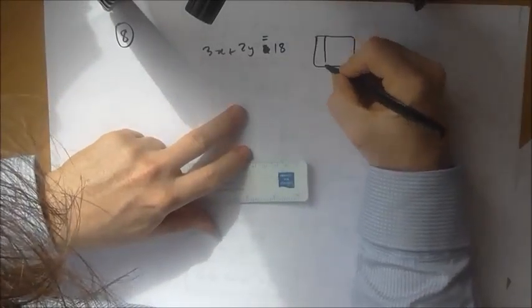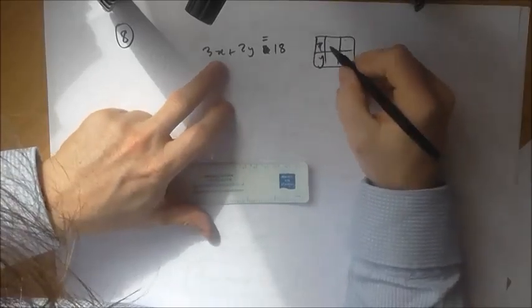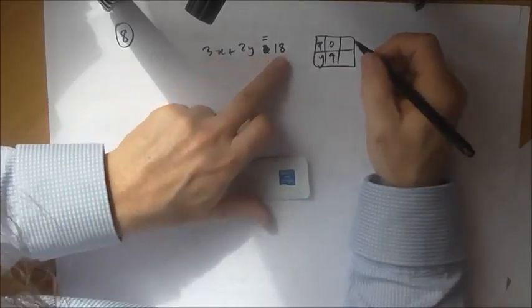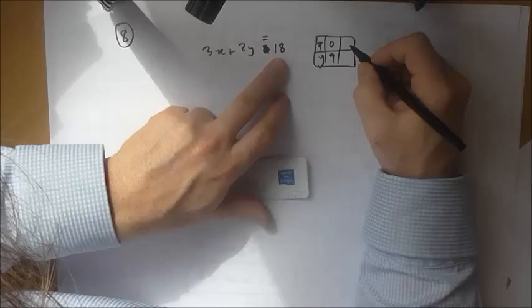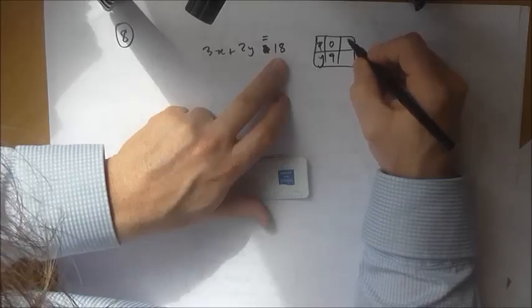quick table. If x equals 0, then y equals 9. If y equals 0, then x equals 6.